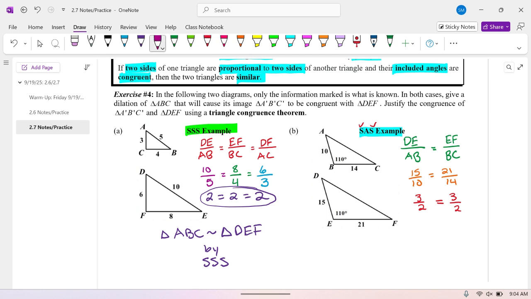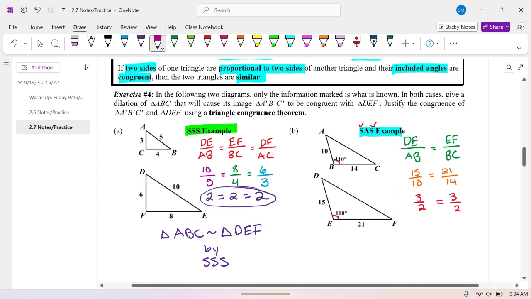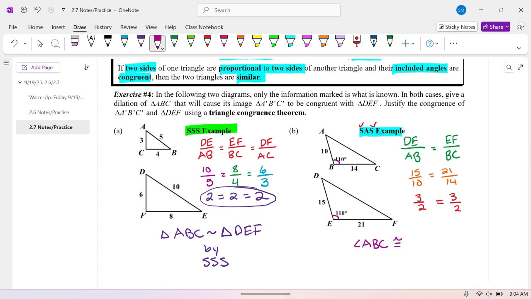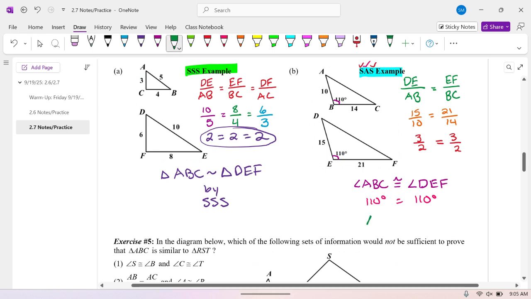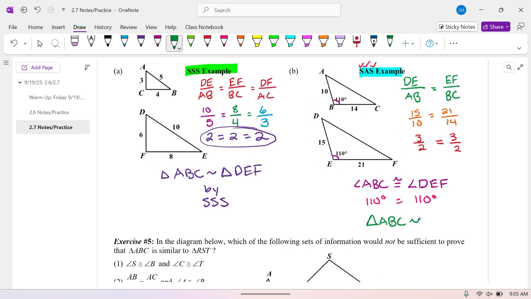But we still need the angle aspect to be fulfilled. For the angles, they have to flat out be congruent. So the angle in between those two sides, angle ABC, has to be congruent to angle DEF. And is it? Yes, because 110 is equal to 110. So because of that, everything has been fulfilled. That means that triangle ABC is similar to triangle DEF.